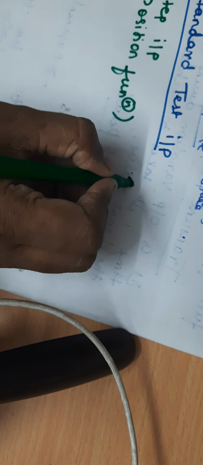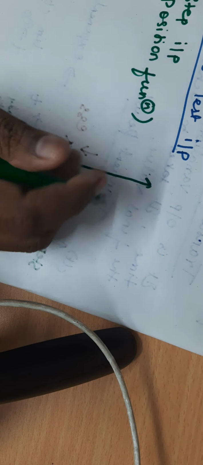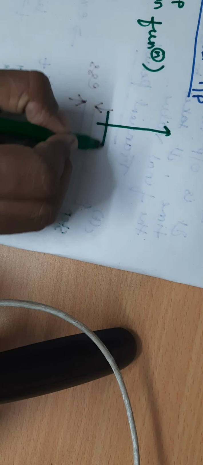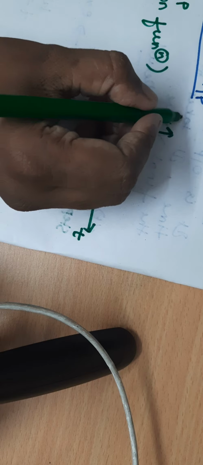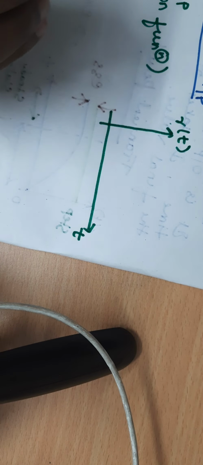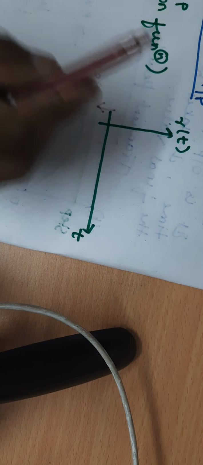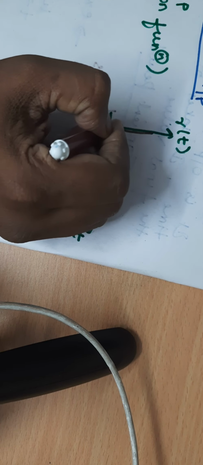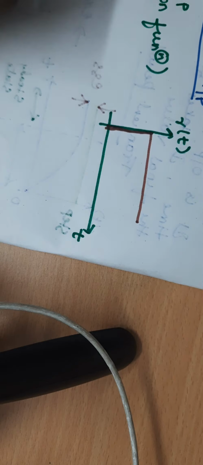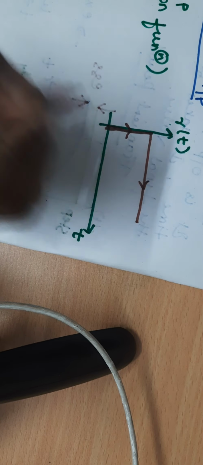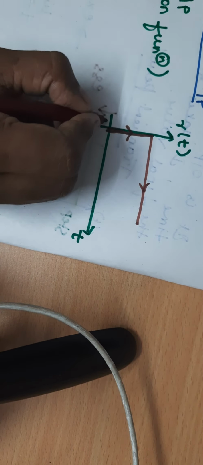We'll see the graph for it, how it is represented. X-axis will be time t. Y-axis will be r of t. And we are going to give a step input. This is it.